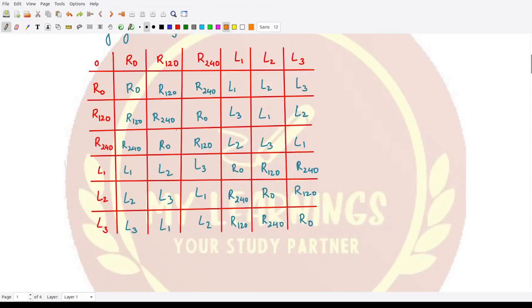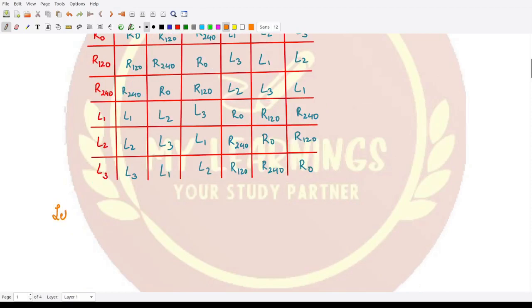So here if we consider our subgroup S1, let S1 be the subgroup which contains R240, this is given to us, and a reflection, right?